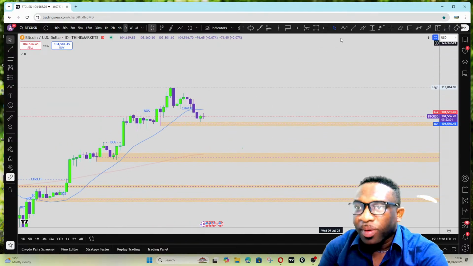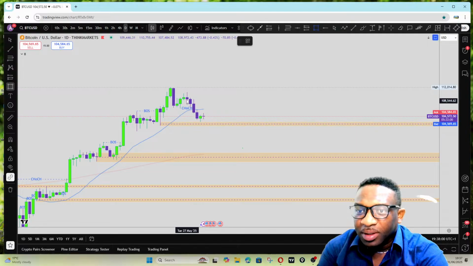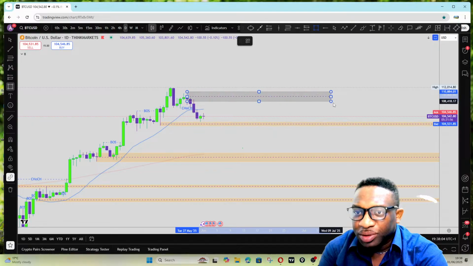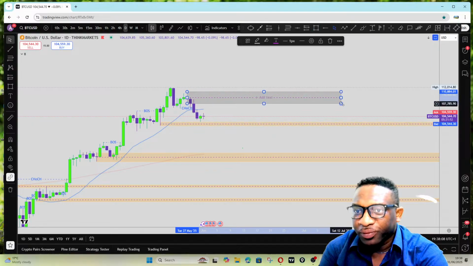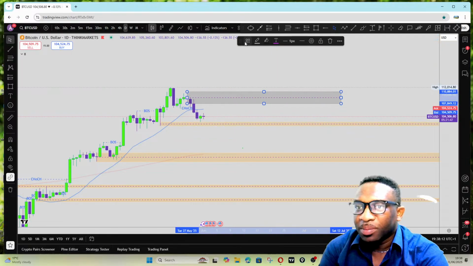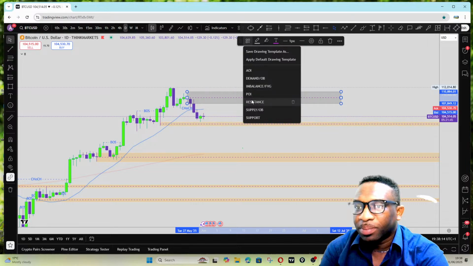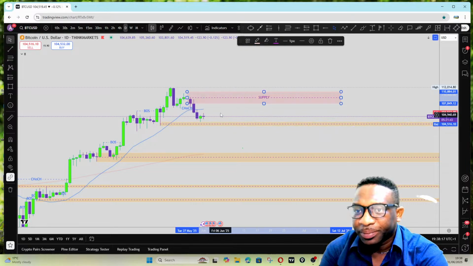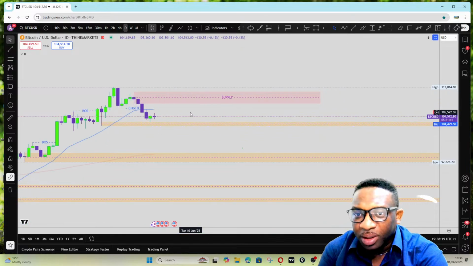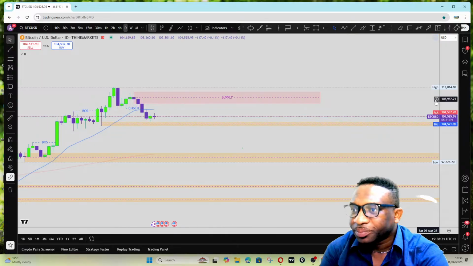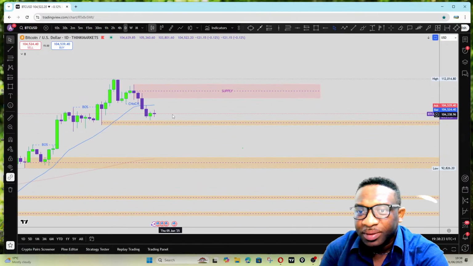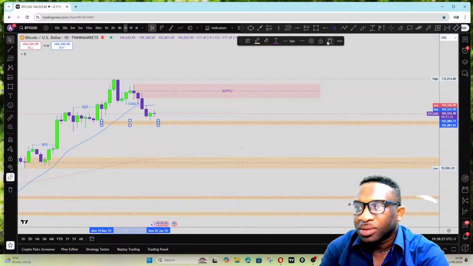So with that said, this is the last area on the charts that was before the move that broke this low. So this now becomes our supply area on the daily charts. Let me take this out.